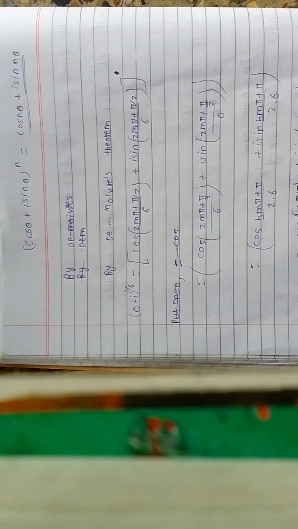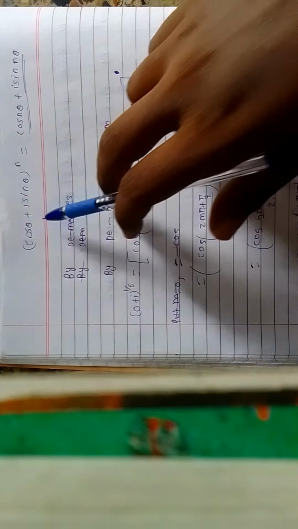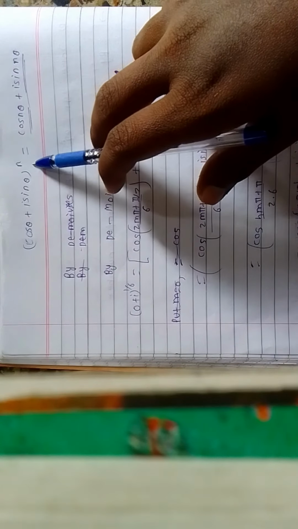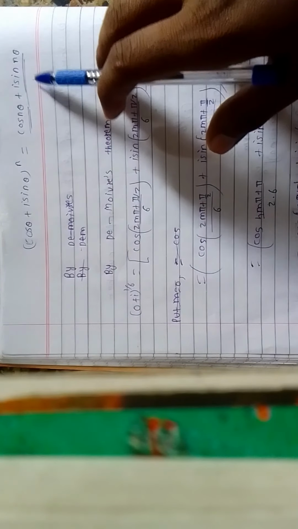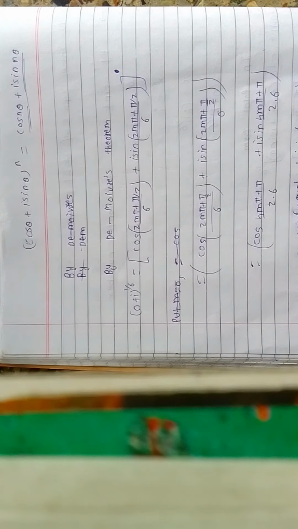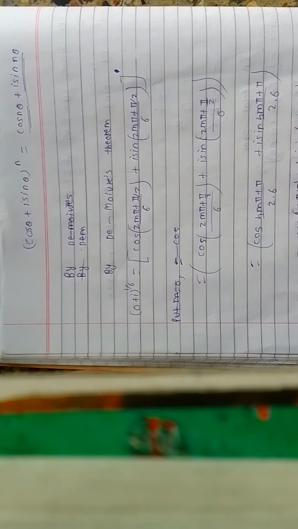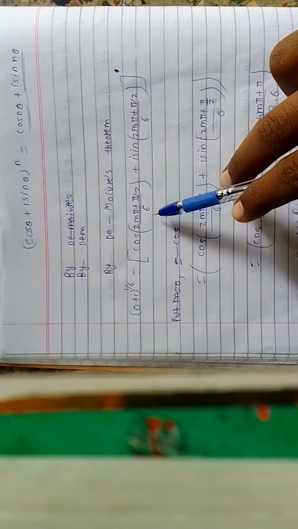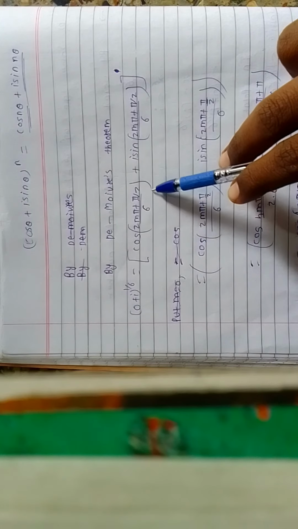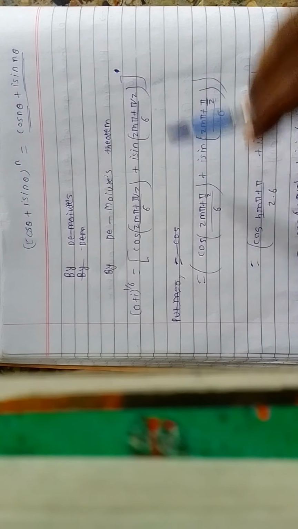And then by De Moivre's theorem, we know that (cos theta plus i sin theta) to the power of n is equal to cos of n theta plus i sin of n theta. It means that the power n is to be multiplied with the angle theta, and then we get 2m pi plus pi by 2 upon 6.